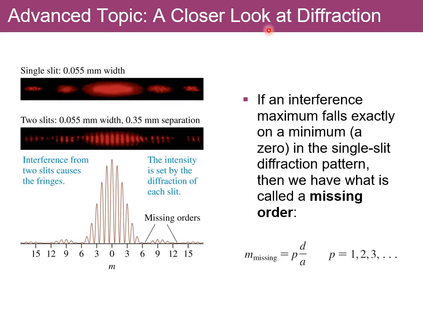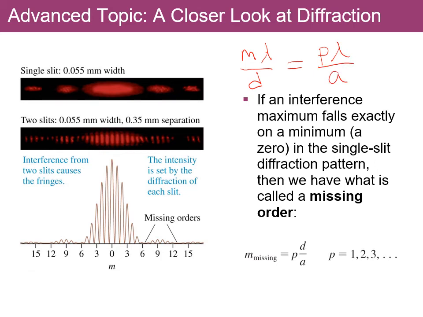The condition then for a missing order would be that m lambda over d would need to equal p lambda over a.